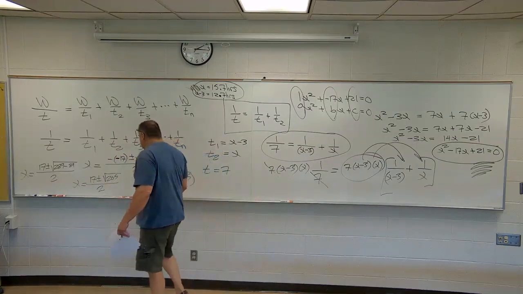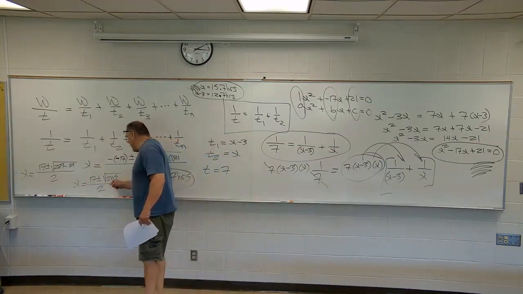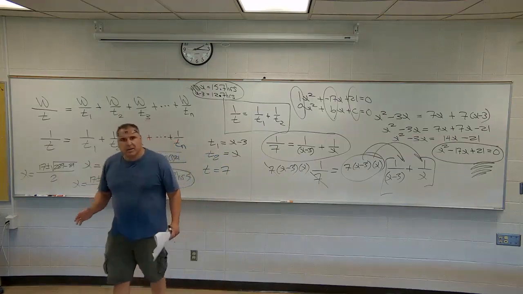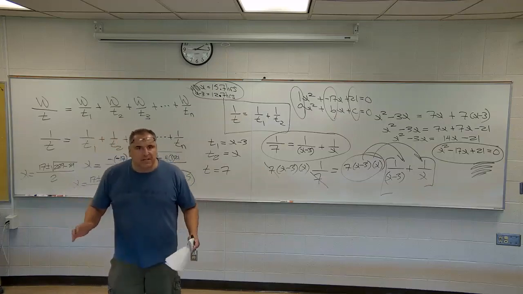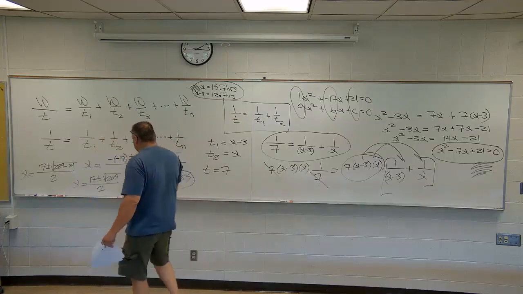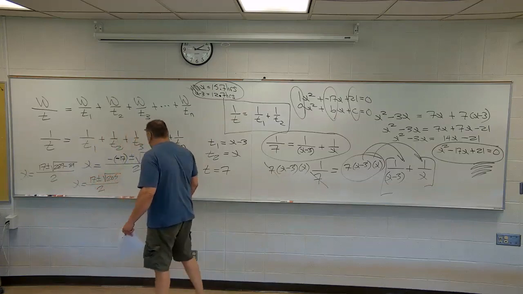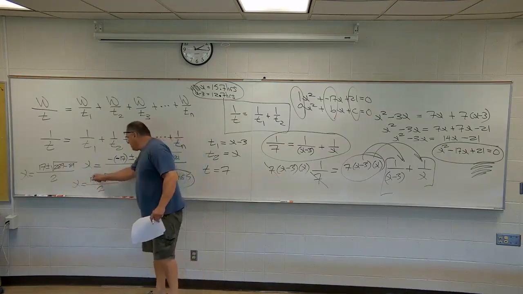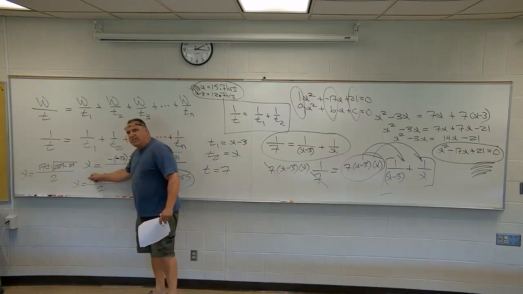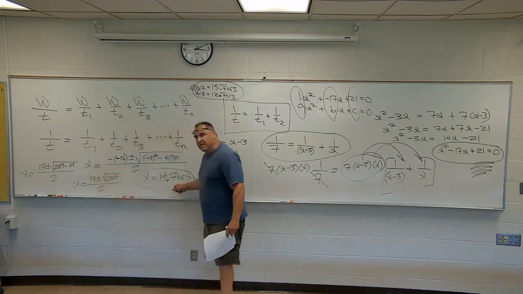What we got here is the square root of 205 is going to be 14 something, and 17 divided by 2. 14 something and 17 is 31 something. Half of 31 something is going to be the 15.7 that they're talking about.